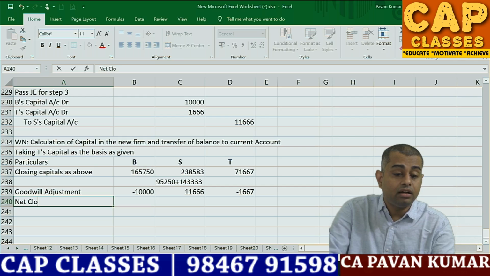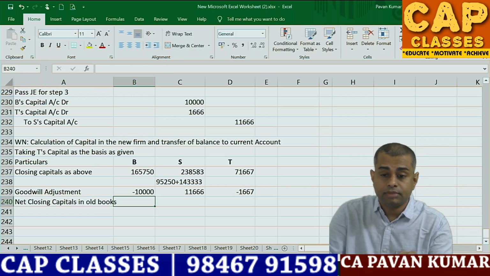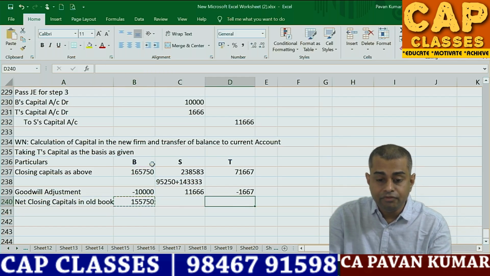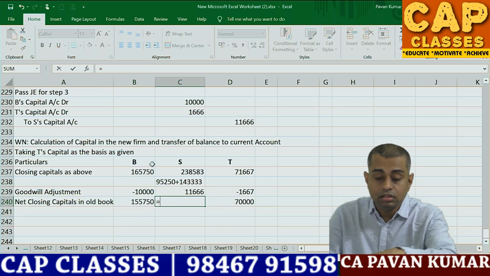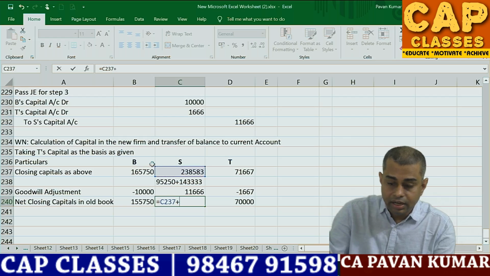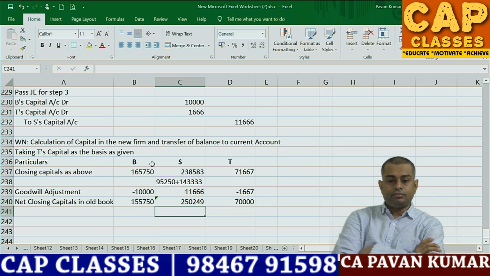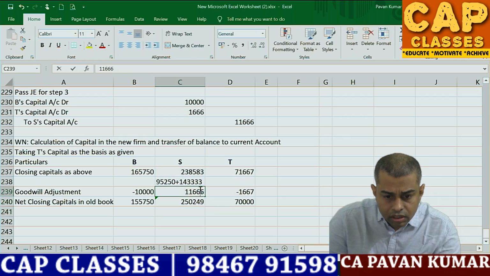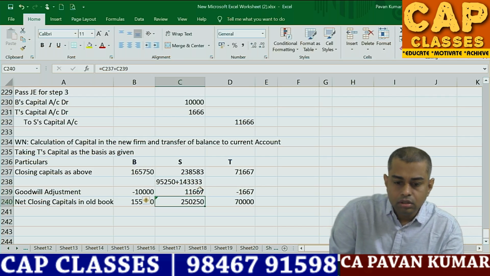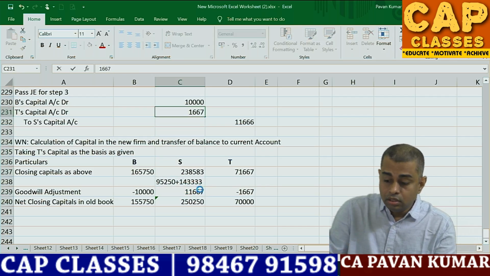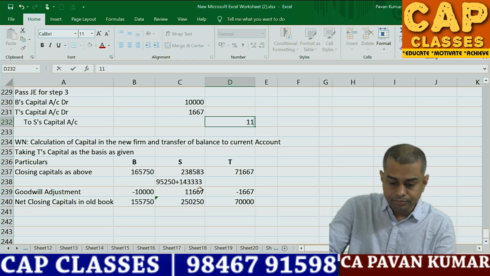So net closing capitals in old books: 155,750 here. For this one, add this to 250,000, and write 7 rupees. So we are passing 1,667, 11,667.